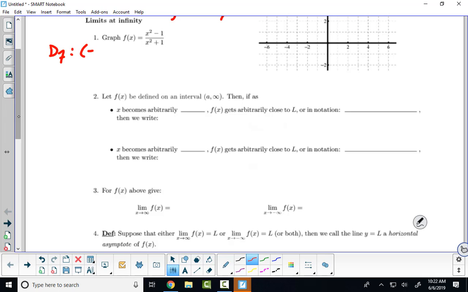The domain of this function goes from minus infinity to infinity, right? There is nothing, because the only operation that could potentially get me into trouble is what? Multiplication, addition, square rooting. What am I doing that could get me into trouble? Division. We're dividing. So I've got to make sure I don't divide by what? 0. What would make the denominator 0?